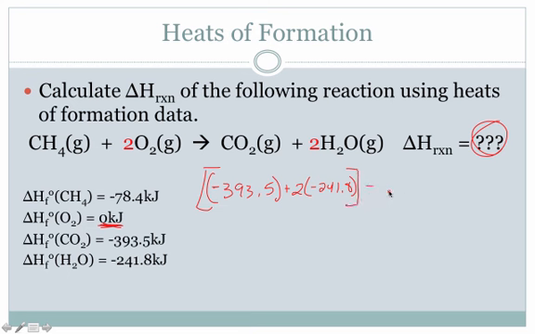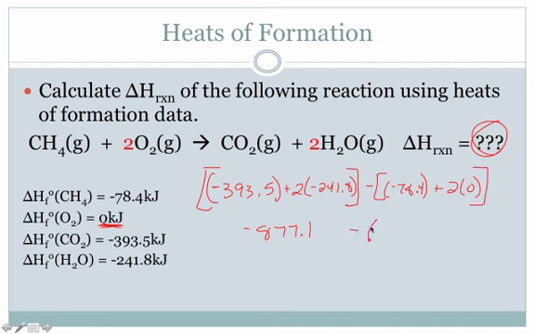So we're going to take the sum of all of that, and we're going to subtract it by the sum of the reactants, because we said it was products minus reactants. Well, the CH4 has a delta H of negative 78.4. And that's going to be added to 2 times the 0 energy from oxygen. Obviously, you can leave that term out if you want. And we can start doing some math here. Adding things up on the product side, I get negative 877.1 kilojoules.